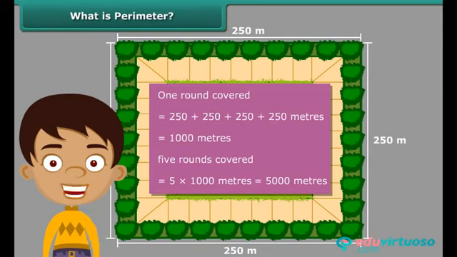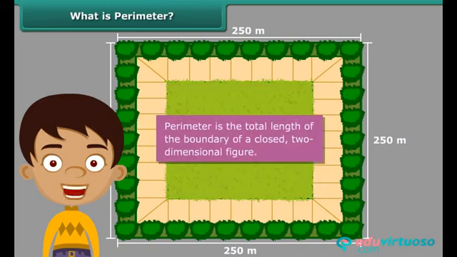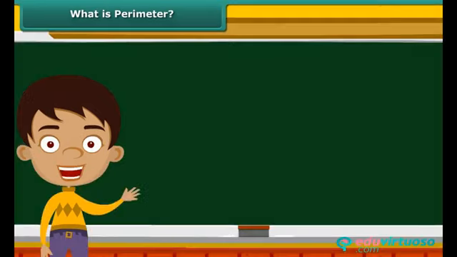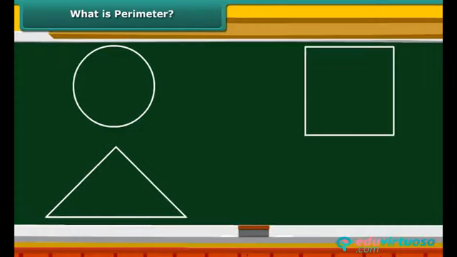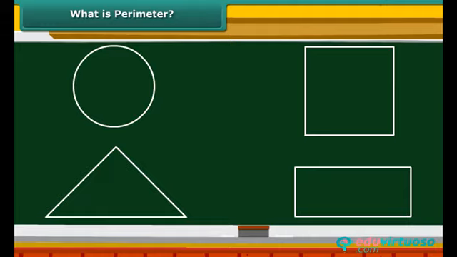In this calculation, we used the concept of perimeter when we worked out the distance you covered in one round. Perimeter is the total length of the boundary of a closed two-dimensional figure. Here is a simple technique of measuring the perimeter of a shape. Take a closed geometric shape such as a circle, square, triangle or rectangle made of string.